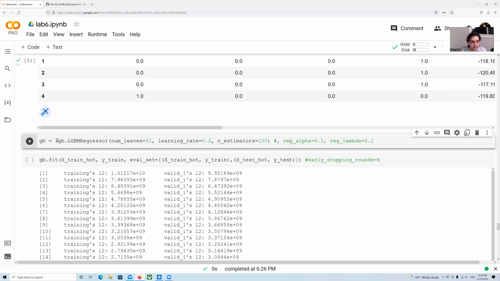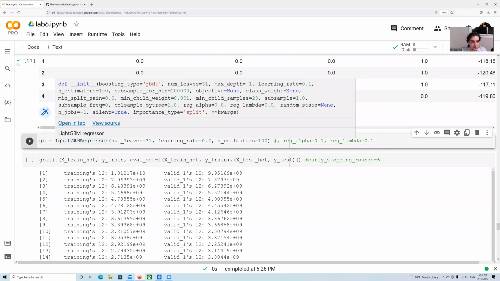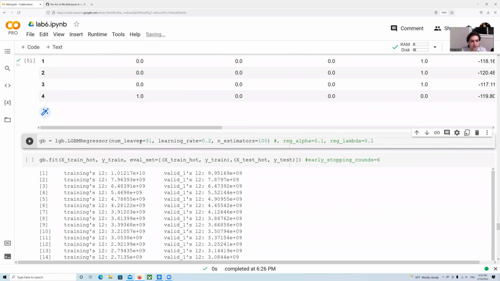Let's use this LGBM regressor. There are many parameters that you can choose. By default, the number of leaves in trees is set to 31. It means that if we have 31 data points in one leaf, then we don't split this leaf. Then there is the parameter learning rate that I mentioned before, and the number of estimators.